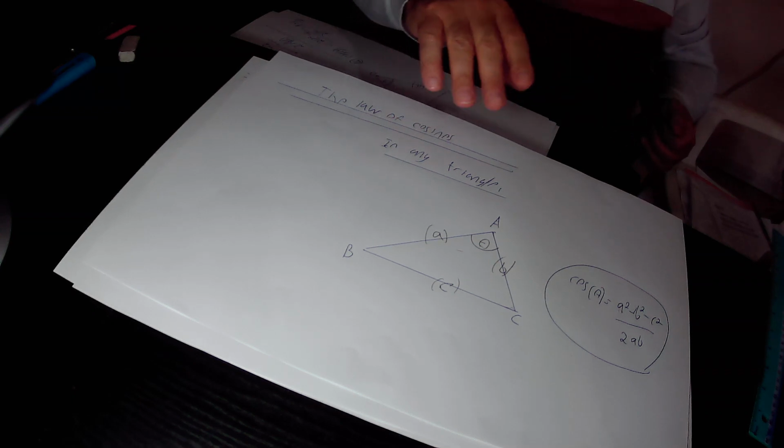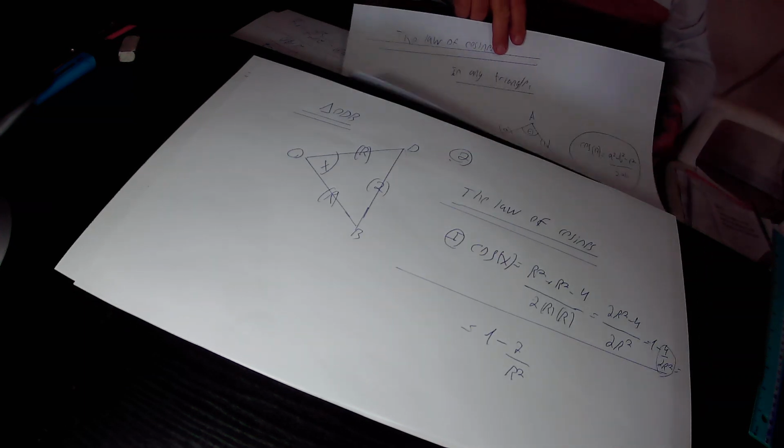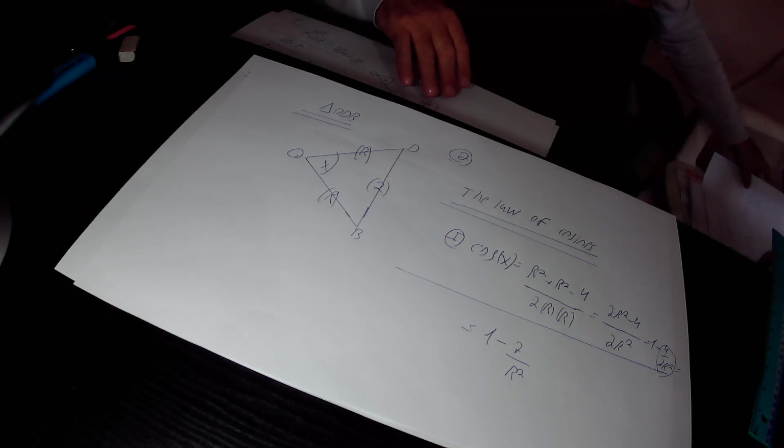So we can implement the law of cosines in triangle DOB.